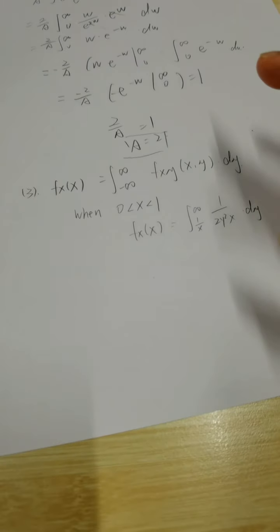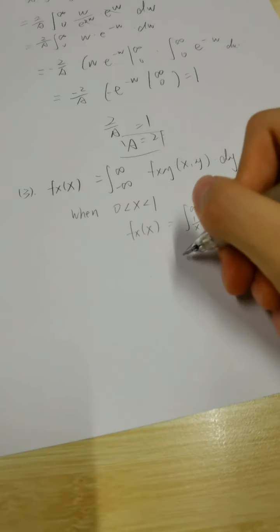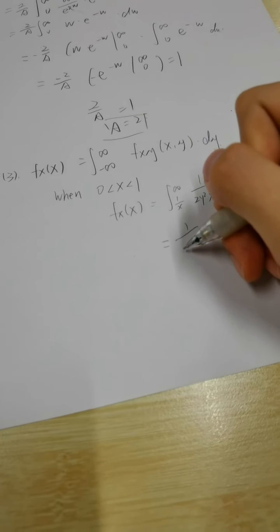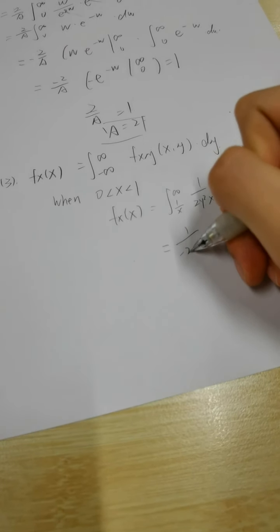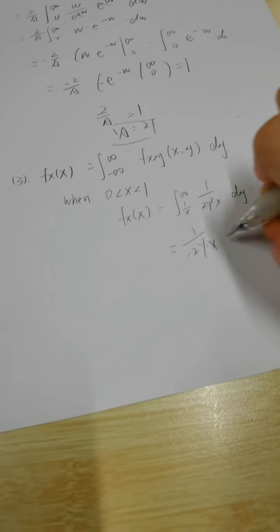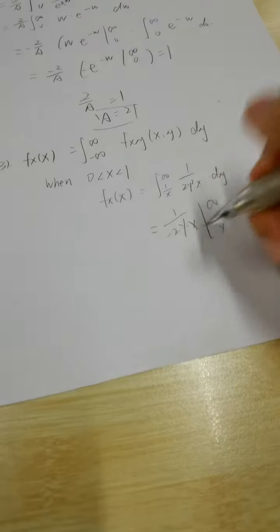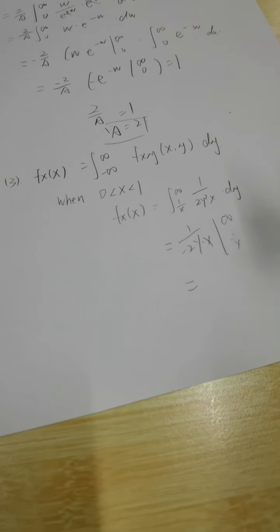So just take the integral of the y part, which is equal to 1 over negative 2 times y times x, from infinity to 1 over x, and then calculate this part.